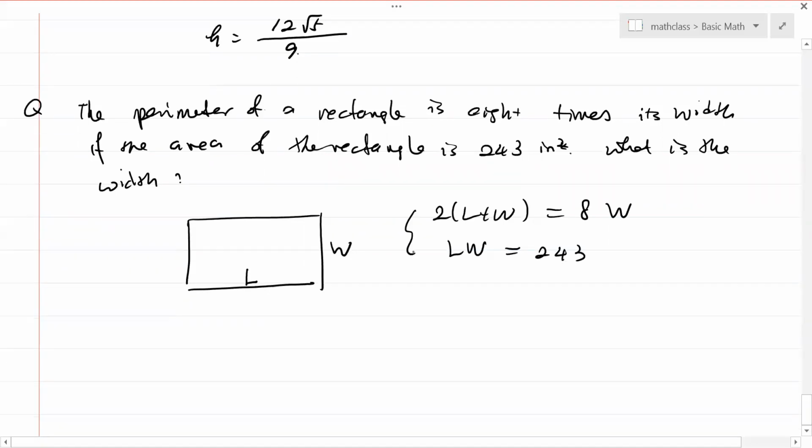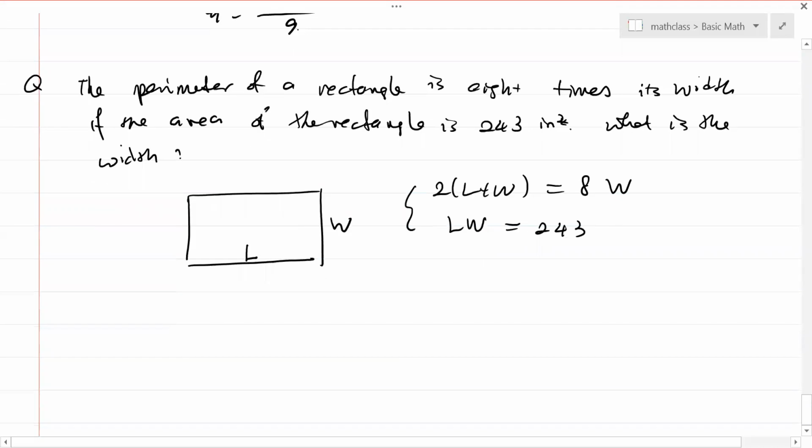So you are given this, and you're trying to find the width. You convert the geometry problem immediately into an algebraic problem, and you have two equations here. I think you have the ability to solve these equations.